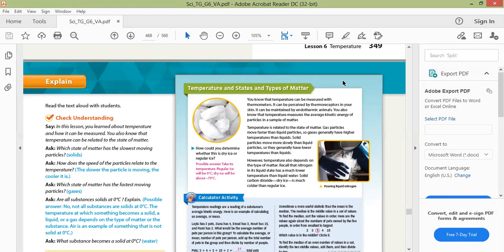So temperature is related to the state of matter. In addition, temperature is also related to the type of matter. For example, sometimes I have regular ice in our freezer at home, and I have something called dry ice. Do you know what dry ice is?